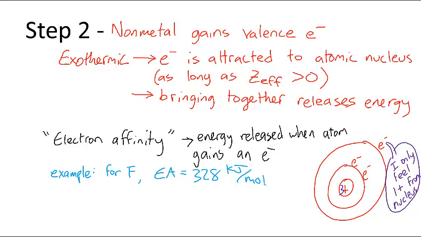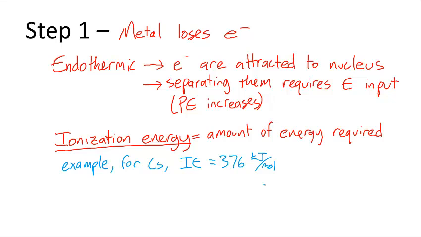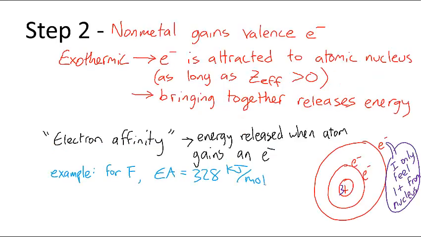Is that process, just with those first two steps, favorable? No, because we're putting in 376, we're getting out 328. So we actually have to put in almost 50 kilojoules per mole to make that process happen. And that's the best case scenario. That was the weakest element with the strongest element.